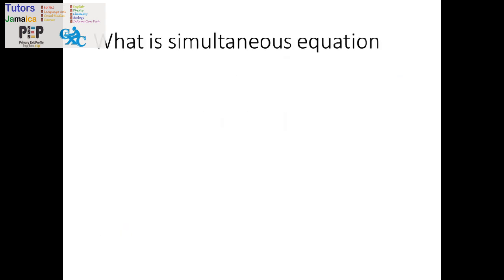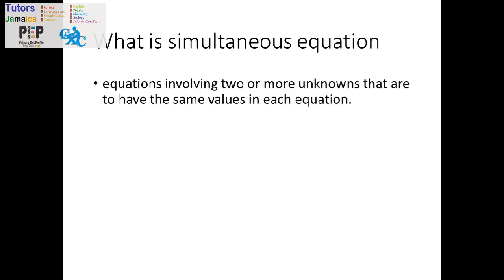So what is a simultaneous equation? Well, a simultaneous equation is an equation involving two or more unknowns that have to be the same value in each equation. So it's the same value, or simultaneously the value here as it is there.